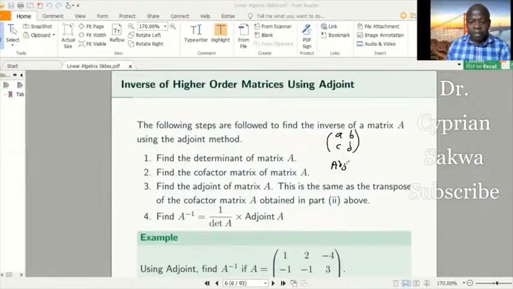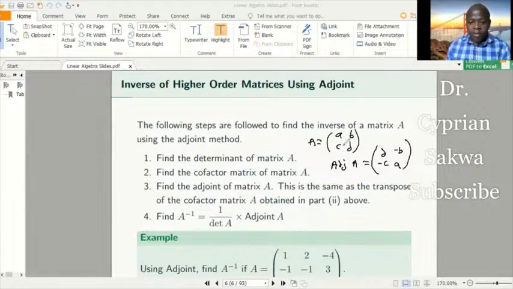The adjoint of this matrix A is the matrix that you get when you interchange A and D, and then change the signs of B and C. If the sign was positive, it becomes negative, and if it was negative, it becomes positive. This is the adjoint of this matrix. For a 2 by 2 matrix, that's what we do.